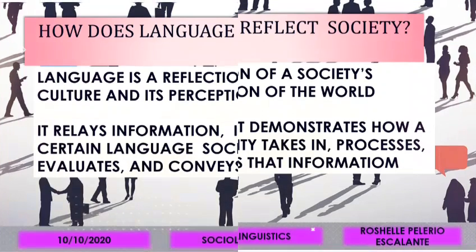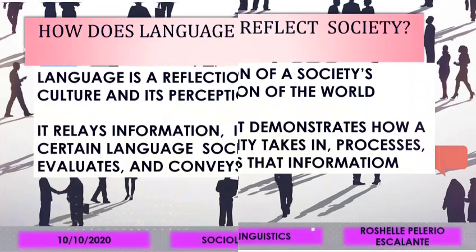We all know that language is also a reflection of society's culture and its perception of the world. It demonstrates how a certain language society takes in, processes, evaluates, and, of course, conveys information. Just like what I mentioned a while back, you cannot understand one's culture without assessing its language. By the way a person speaks, you can determine which society or place he or she belongs to.